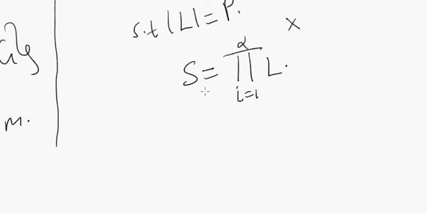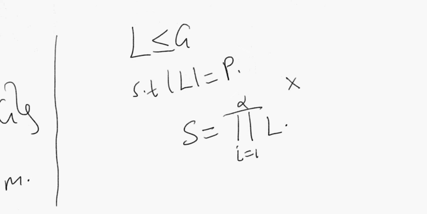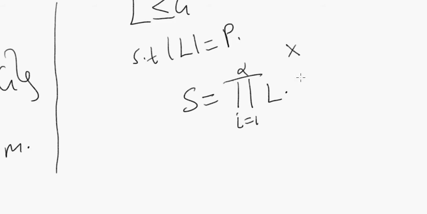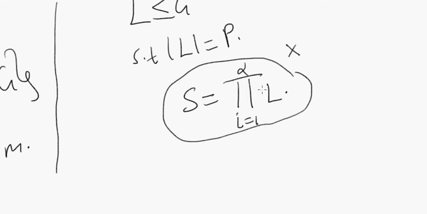So suppose we found some L subgroup of G, and we found this group S. Isn't S a group? A group that is the product of this form, L cross L cross L cross L, etc. If L is a group, isn't L cross L cross L a group under the operation done pairwise, component wise?